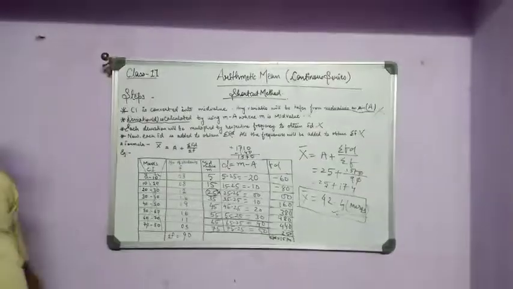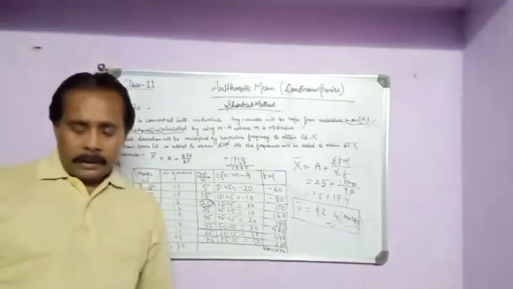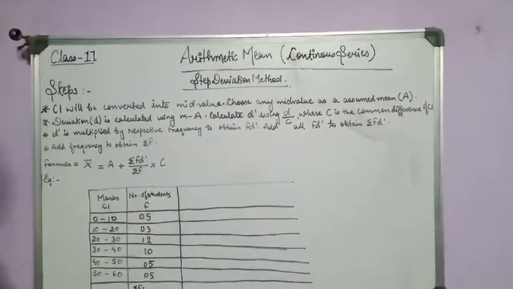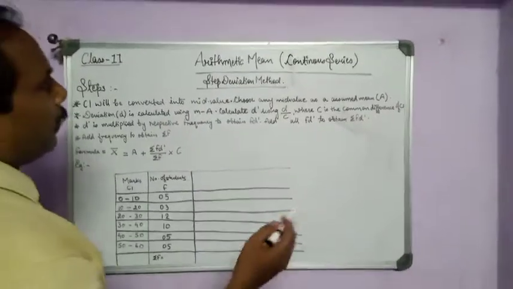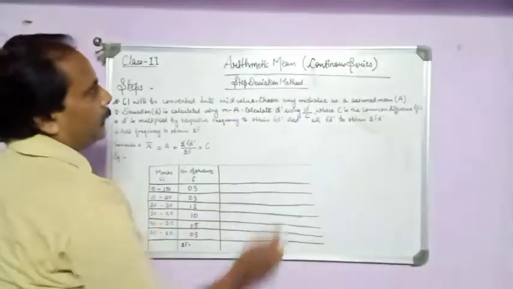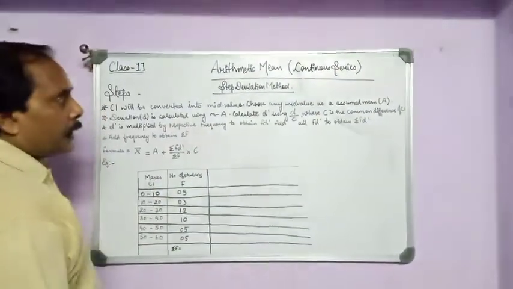Now come to the step deviation method. Again it is so easy. Now see here. In this video we will learn how to calculate the arithmetic mean by the step deviation method if the series is continuous. Clear?